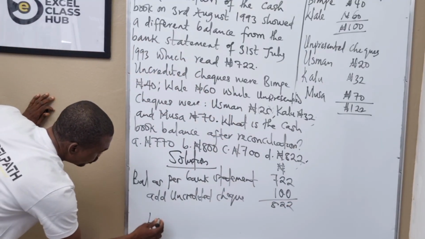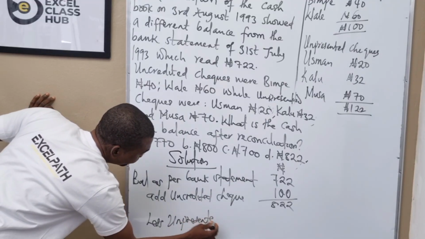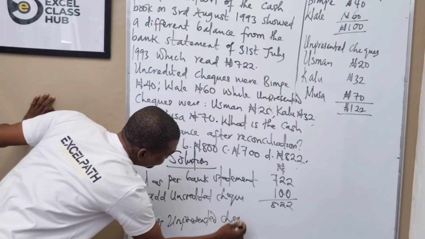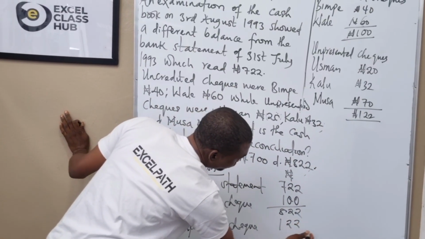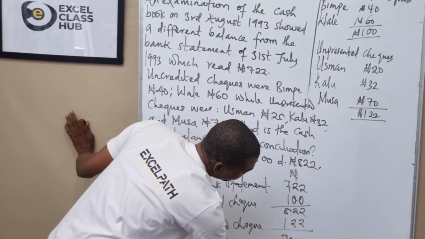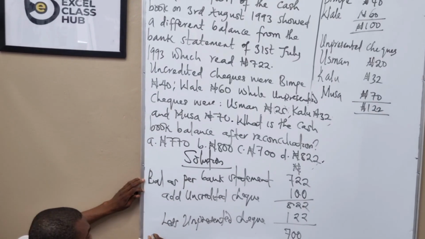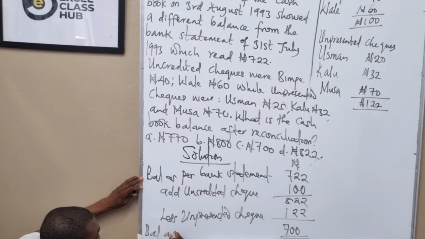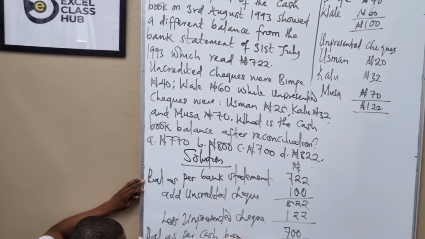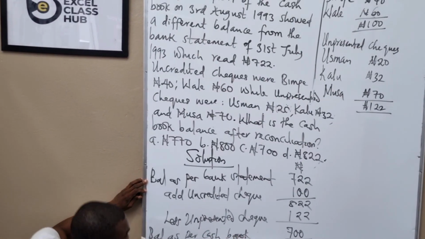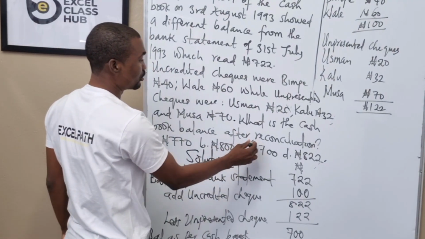So we are now going to subtract, less unpresented check, which is 122 naira. So this will give us 700 naira. So this is now our balance as per cash book. Take note, balance as per cash book, not balance as per bank statement. So from here, the correct option will be Option C.